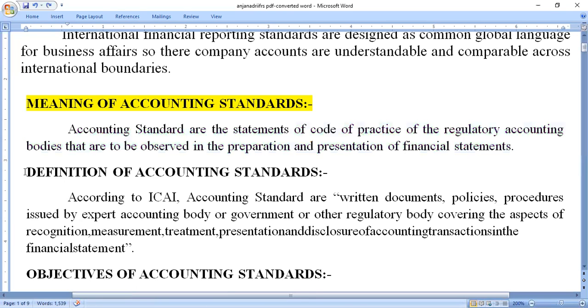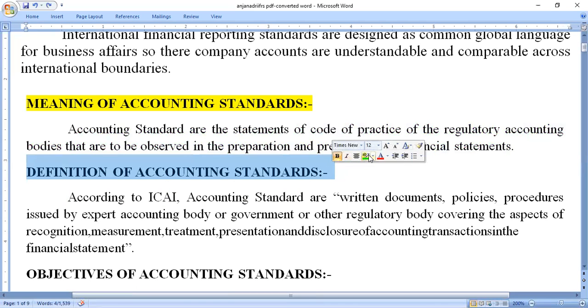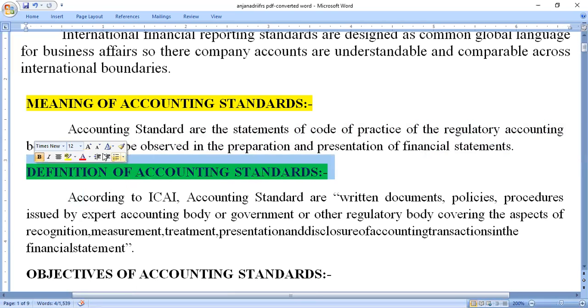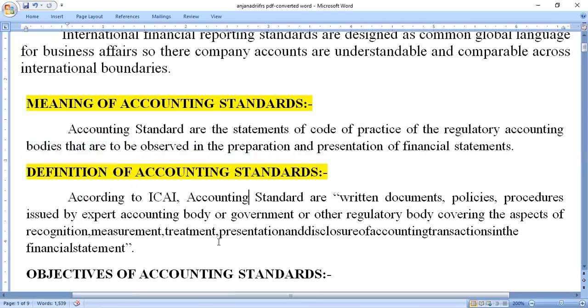Next we are moving on to the definition of accounting standards. Here the definition is given by the ICAI, the Institute of Chartered Accountants of India.